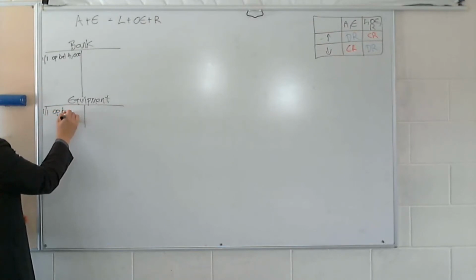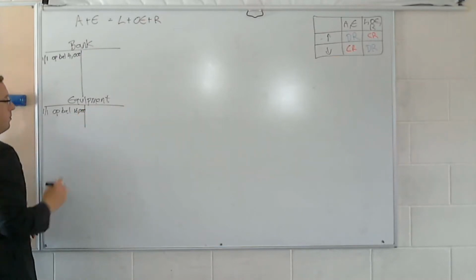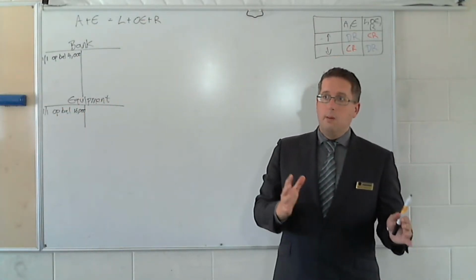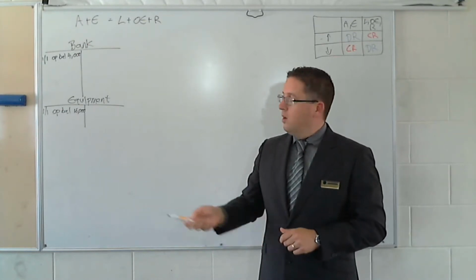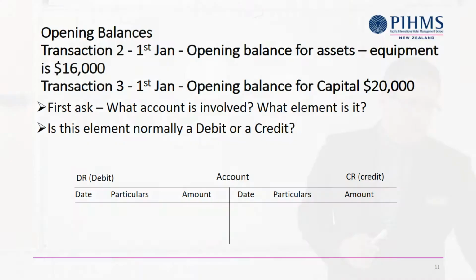So we need a brand new T account for this. So each item has a brand new T account. Different account name, different T account. So equipment, $16,000.